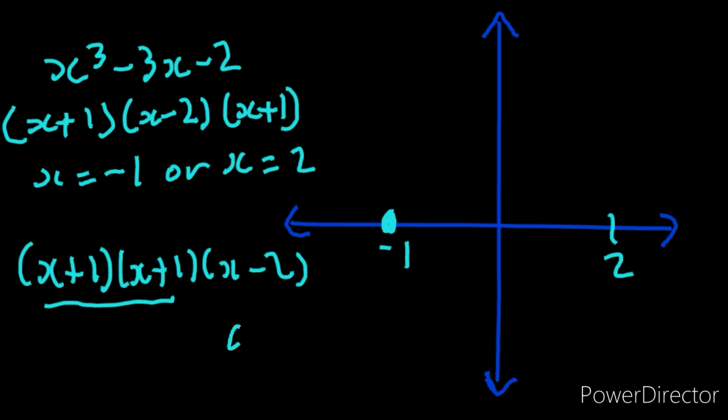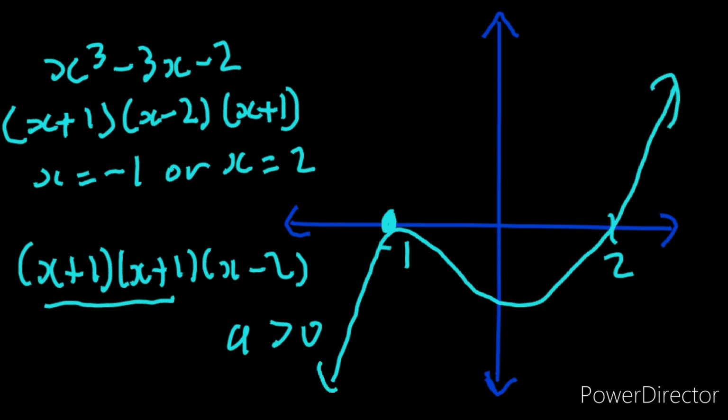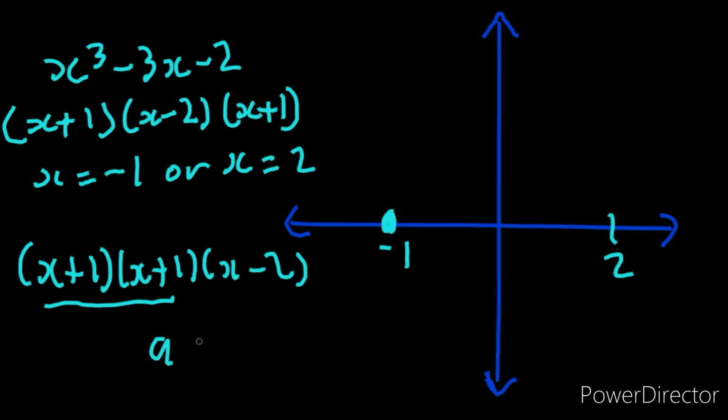So if A is positive, then it means the graph is increasing. So the turning point will have to touch there, and it's going to be like that. So the graph will be increasing overall. Of course we do not yet know the other turning point. And if A is negative, the graph is going to be decreasing. So this will have to be the turning point.